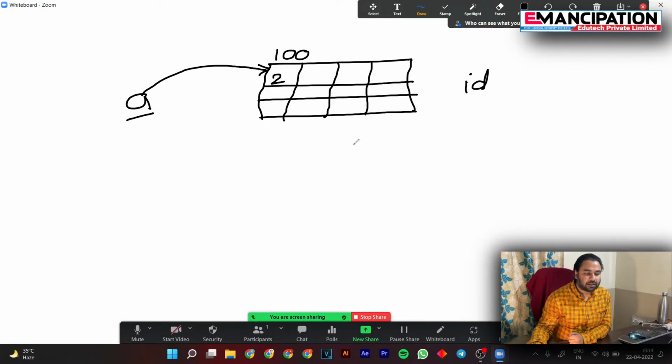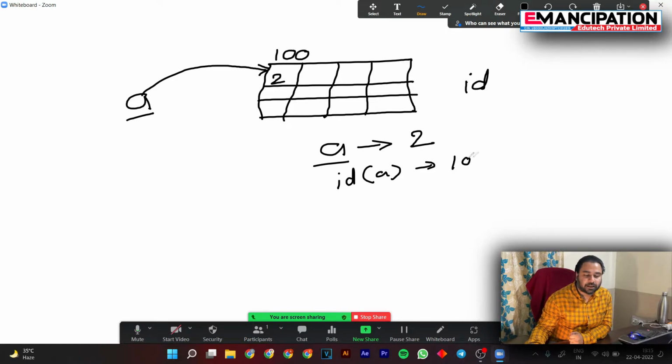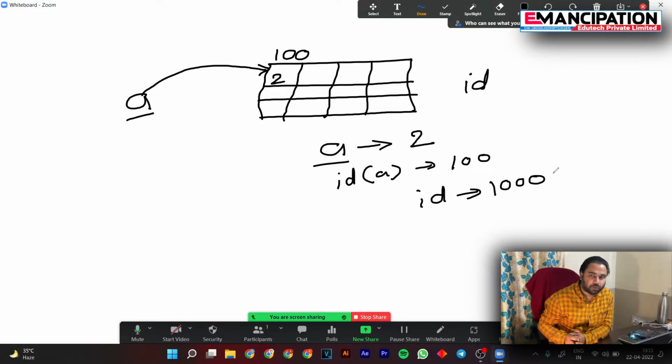If I use the name, as you can see on your screen, it gives the value, and if I use the function ID with the identifier, it gives the address. Here in Python, we don't use the word address, we use the word identity. So whenever I use ID, I am actually getting the address of that particular memory block.